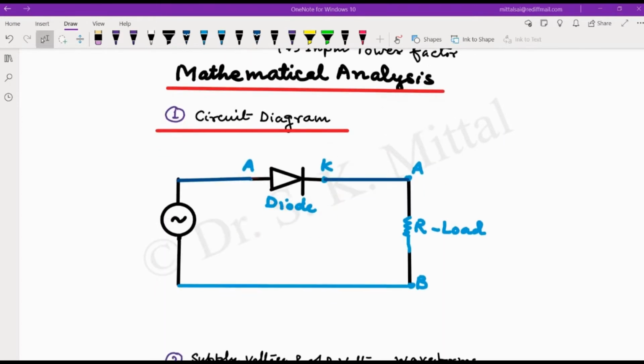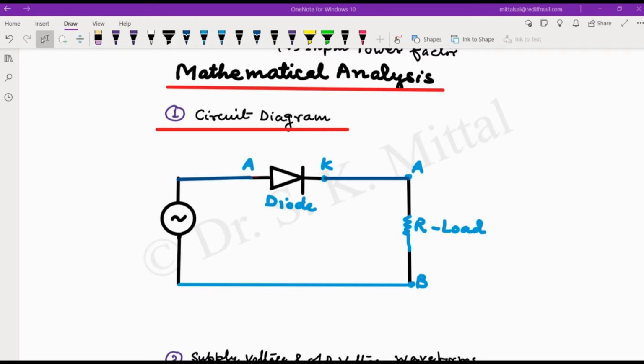Now, first of all, see, this is the circuit diagram of half-wave rectifier. The circuit diagram of half-wave rectifier consists of a diode which acts as a rectifier. Since half-wave rectifier only rectifies positive or negative half cycle, therefore only one diode is used.